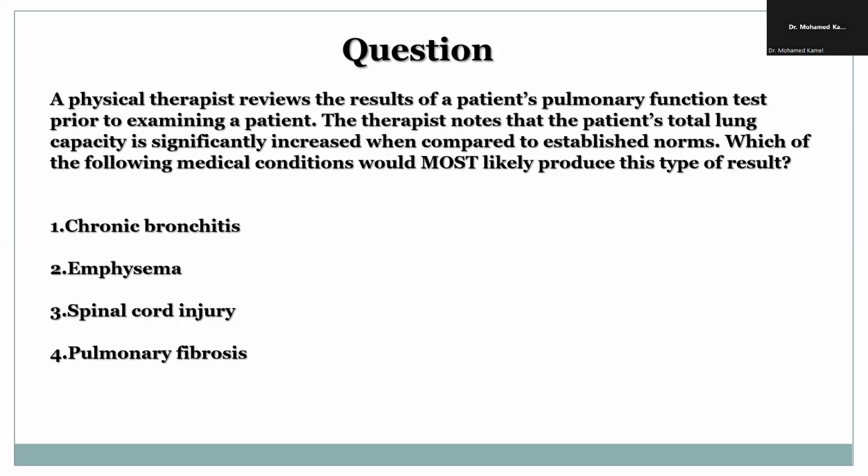There are differences between obstructive and restrictive lung diseases. So we will have an increase in some volumes, a decrease in some volumes, an increase in some capacities, and a reduction in some capacities, according to the type of disease we have.